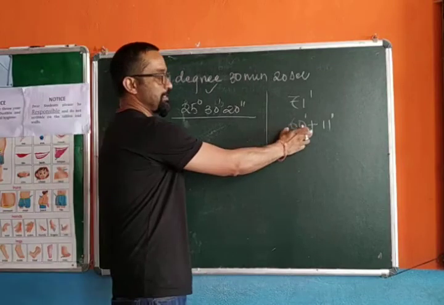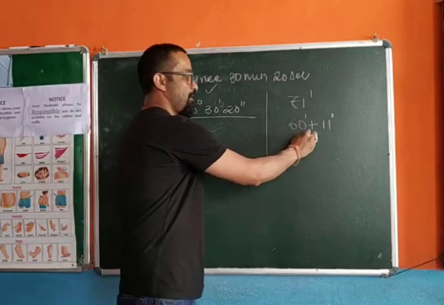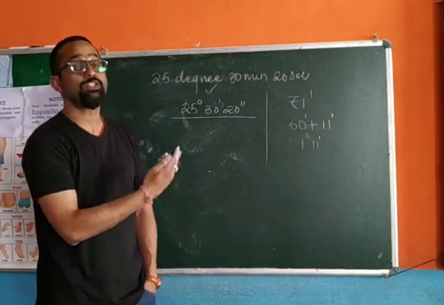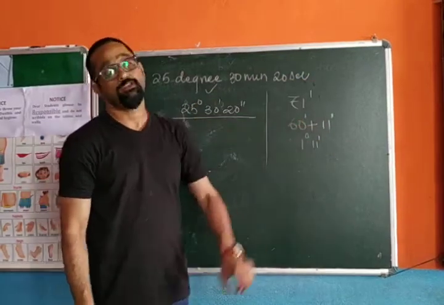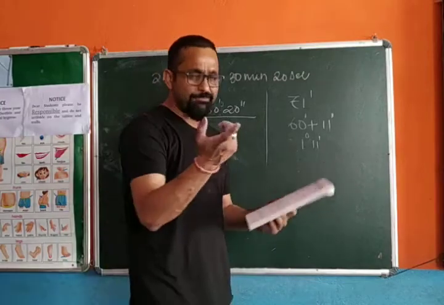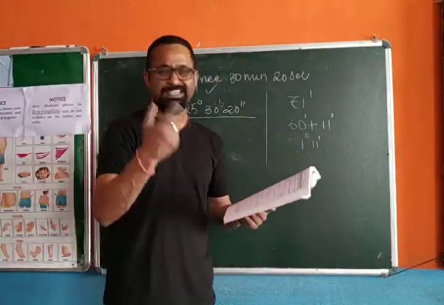We know that 60 minutes is equal to 1 degree. So 1 degree, 11 minutes. It will be much easier to represent minutes as degree and minutes. You have addition of degrees, minutes, seconds. It's an easier one.